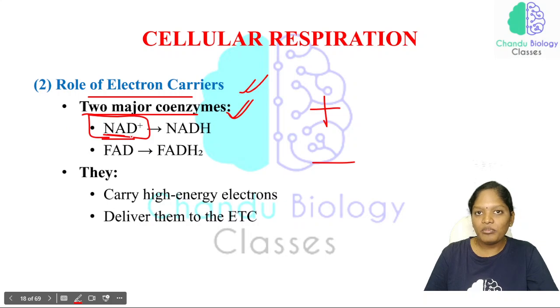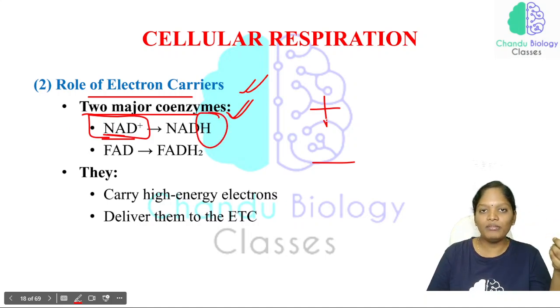So this NAD plus is acquiring a hydrogen. As I explained in the previous slide, if any molecule is accepting a hydrogen, then we call it a reduction reaction. So NAD plus gives rise to NADH. This is very important.